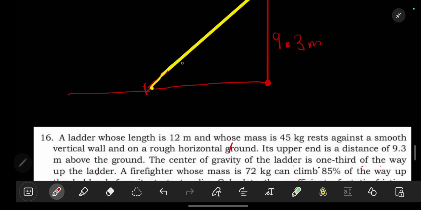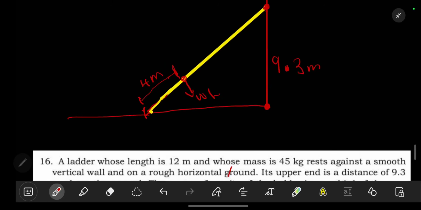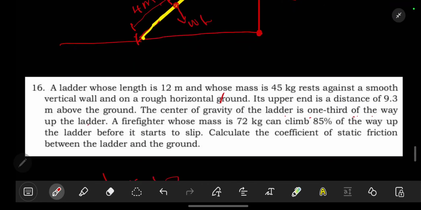So the weight of the ladder is concentrated at 4 meters, from here up to the center of gravity. This is where the mass will mostly be acting. This is important.